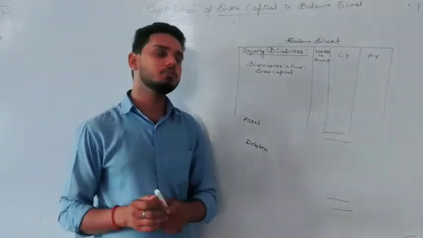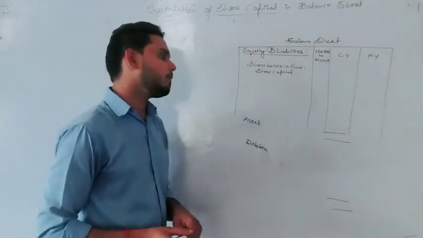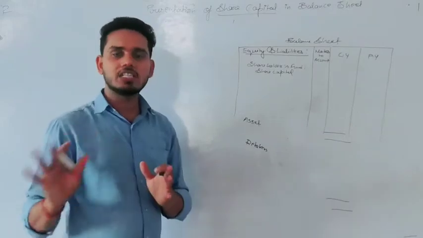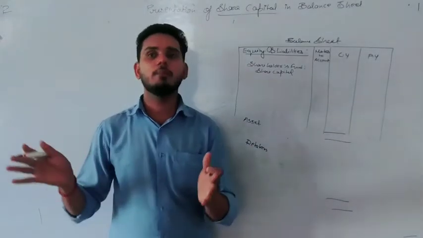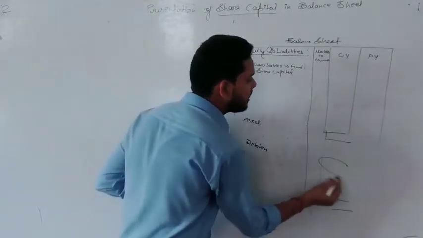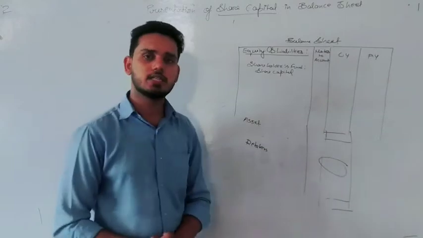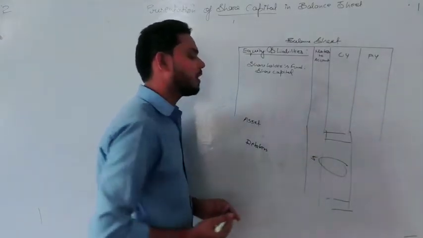Now it is not possible to write the name of all the debtors on the asset side. So the company will prepare a separate account for debtors, total the amount of all the debtors, and write the total amount of debtors here, and put a note number, let's suppose note number 5.